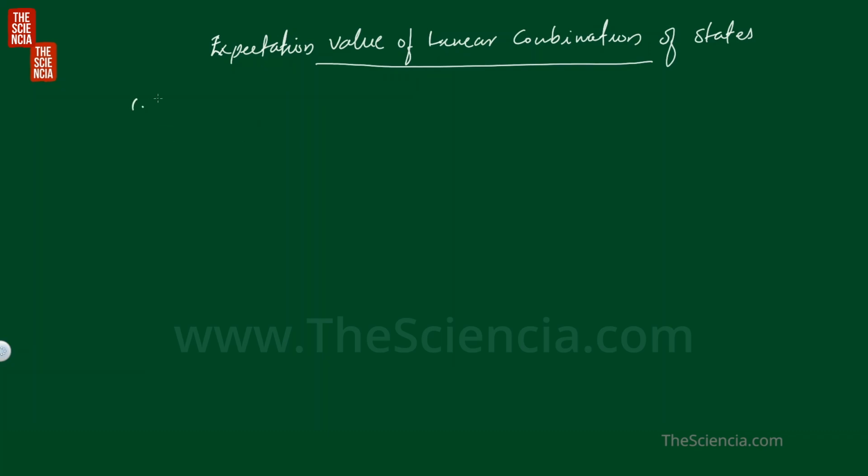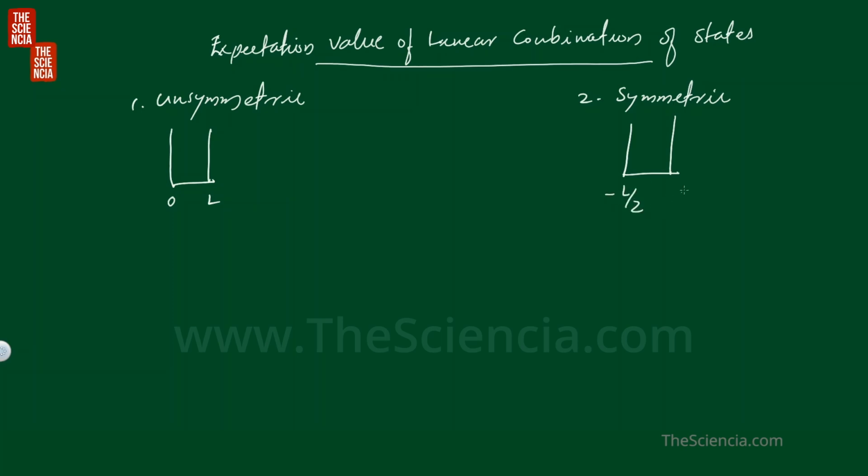One is the unsymmetric 1D box and the other is the symmetric 1D box. For the unsymmetric 1D box, it will be from 0 to L, and the symmetric 1D box is from minus L by 2 to L by 2. So this symmetric 1D box is symmetric about x equal to 0. And we call the other unsymmetric because it is unsymmetric about x equal to 0.